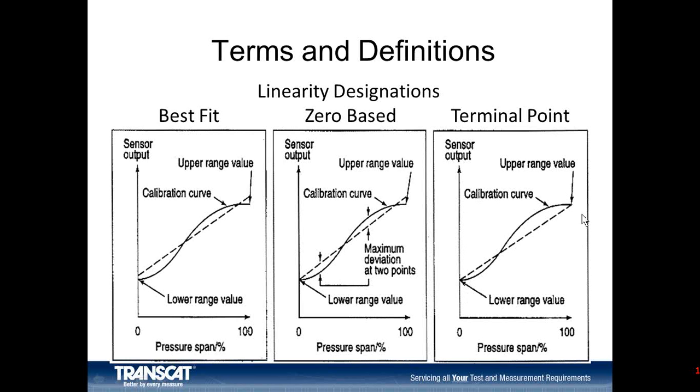So during the manufacture of this product, some quantity of those instruments would fail the linearity test according to the terminal point specification, but they would pass according to the best fit specification, so they could not be used in the instrument, but they also could not be returned to the OEM for warranty because of this difference in the specification for linearity.